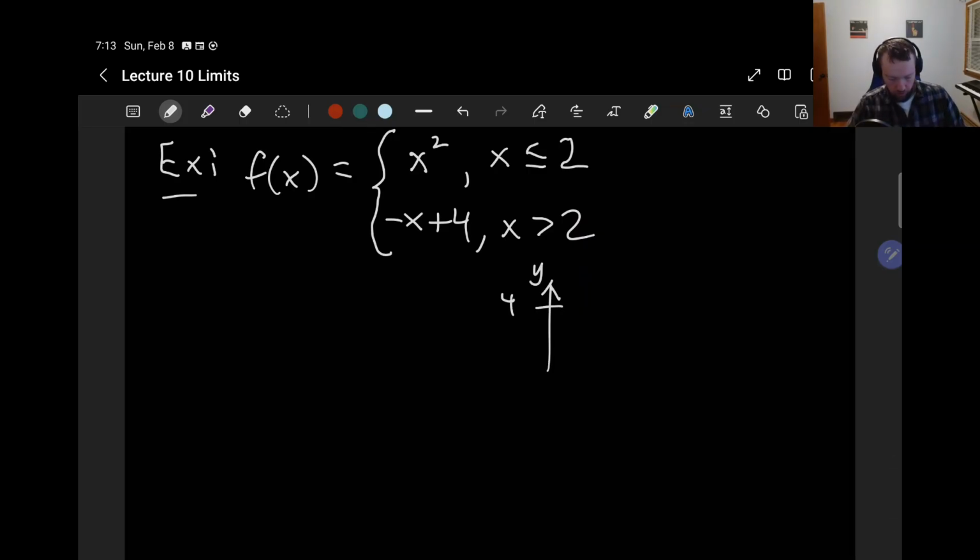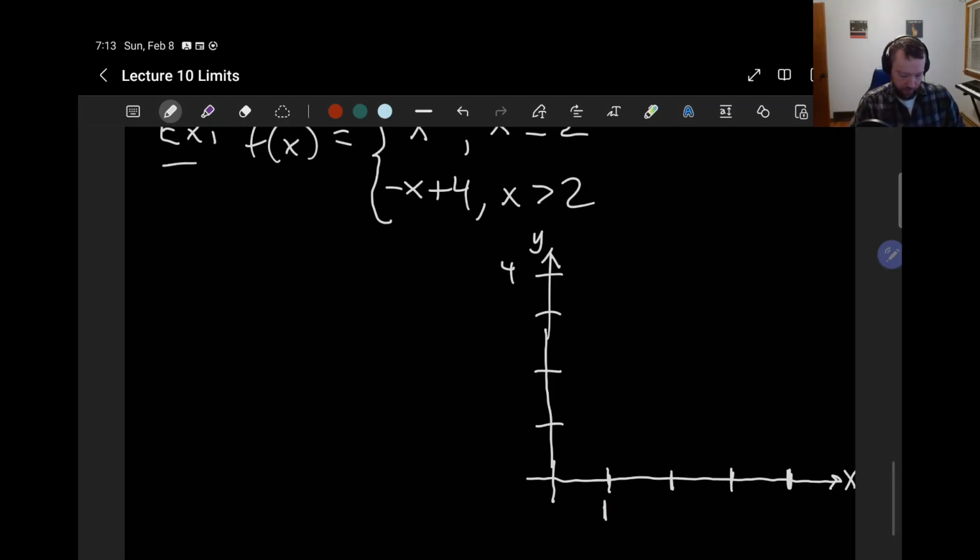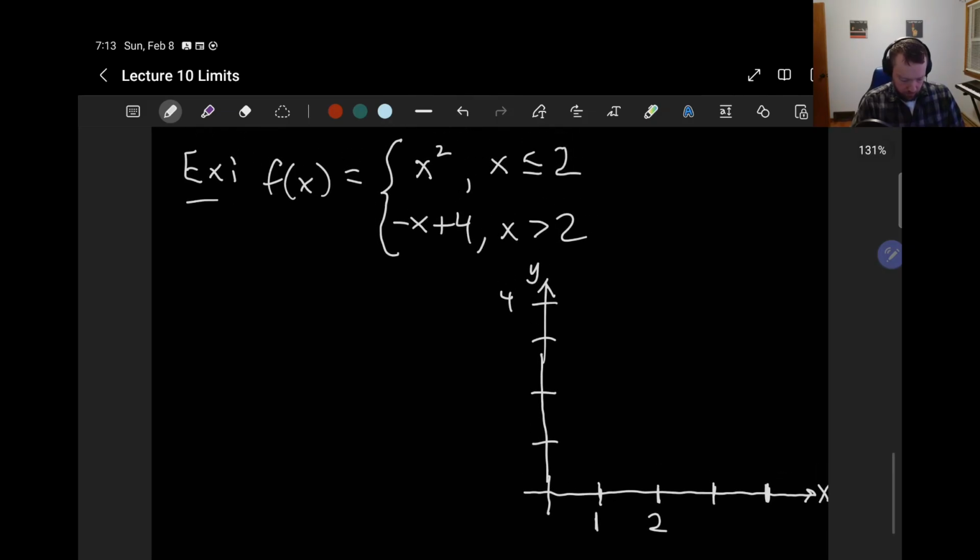So here's a height of 4, 3, 2, 1. Try going out to 4 maybe. All right. Here's 2. And we'll want to go to the left a little bit.